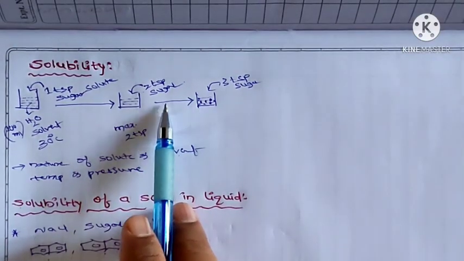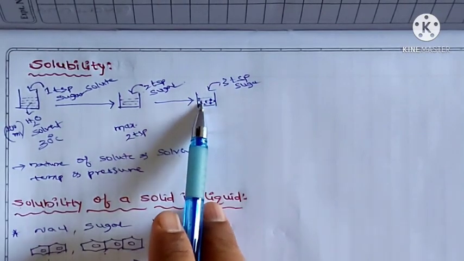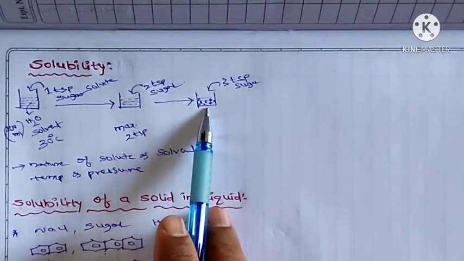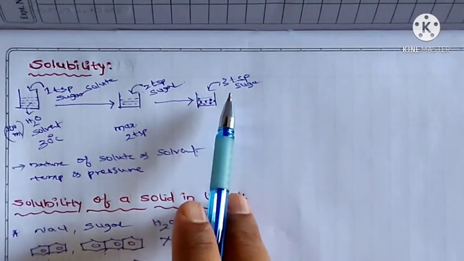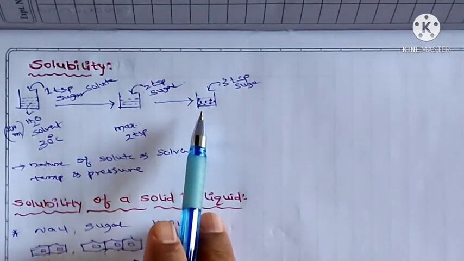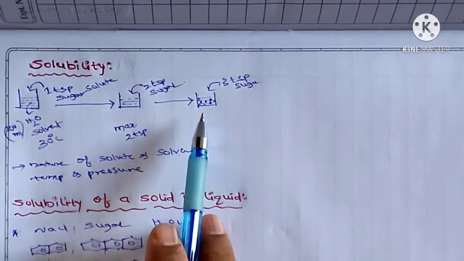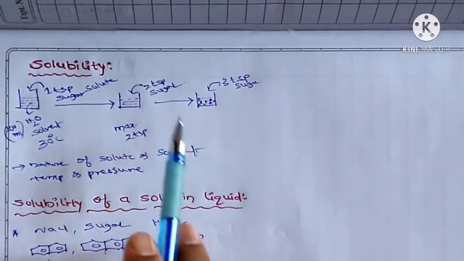If I add a third teaspoon of sugar into that water solvent, it cannot be dissolved. Then that solution is called a saturated solution.